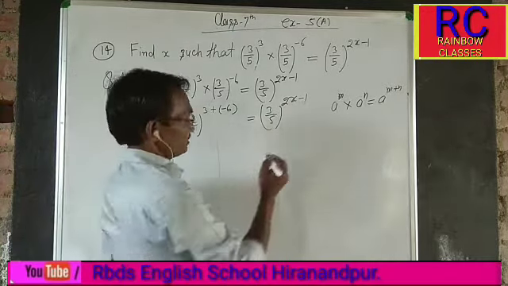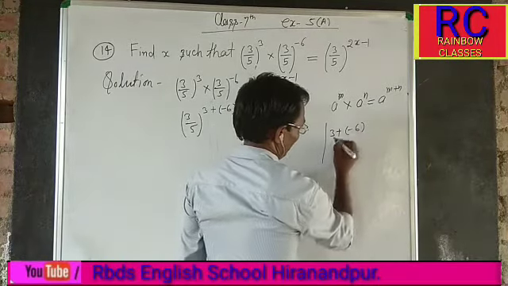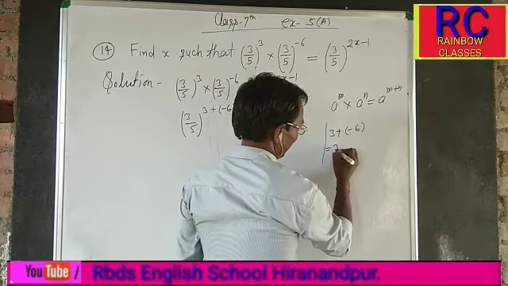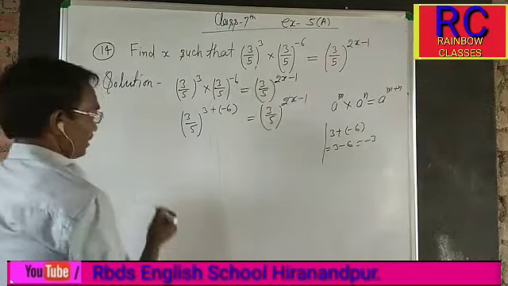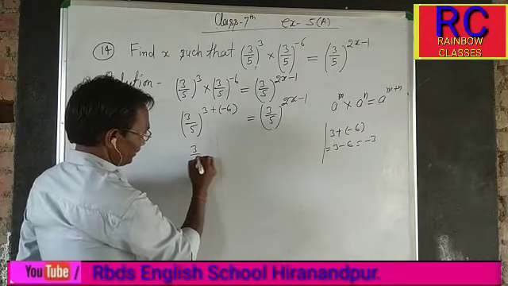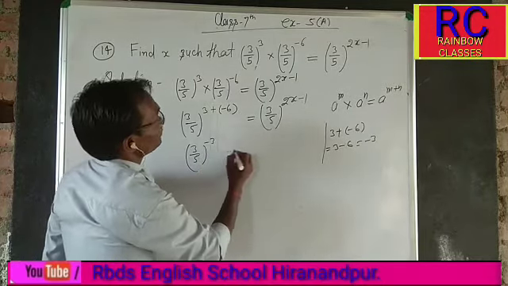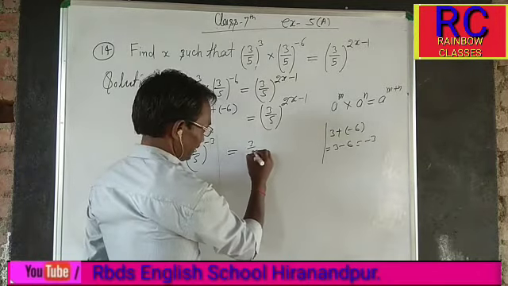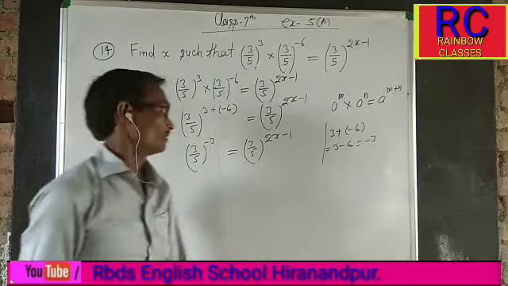So 3 by 5 to the power 3 plus minus 6, and 3 minus 6 is minus 3, is equal to 3 by 5 to the power 2x minus 1.